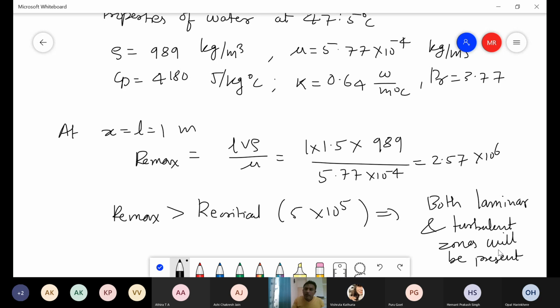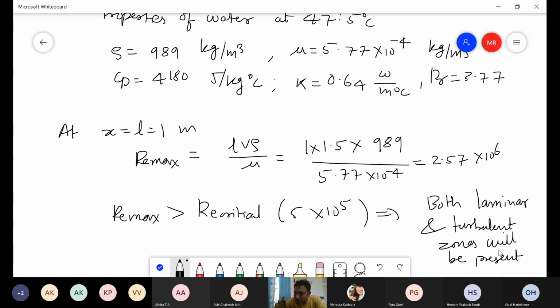So mu is 5.77 into... is it correct? It seems to be correct. Just check. Sir, in my column, it's given on the top to multiply by 10 raised to the power minus 3. Correct. Minus 4. But then the value comes out to be 0.577. Here I have written 5.77. Oh, yes, sir. Okay. So this is correct, right? Yes, sir. Okay.